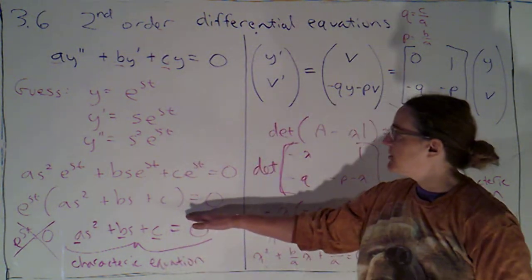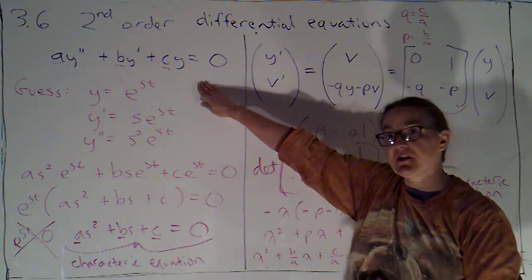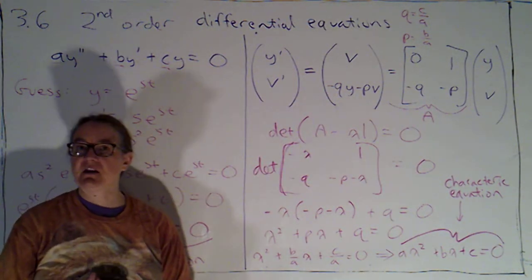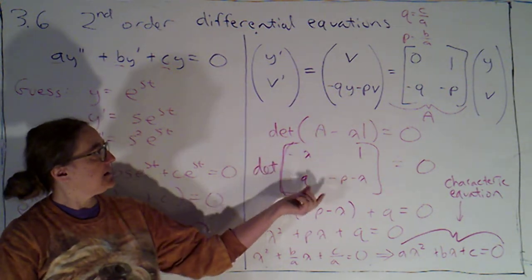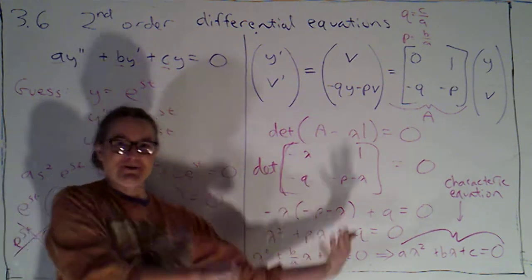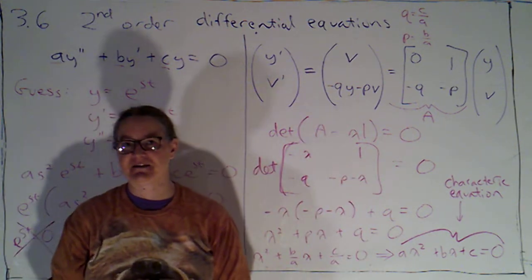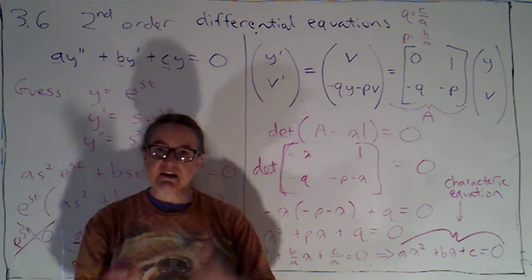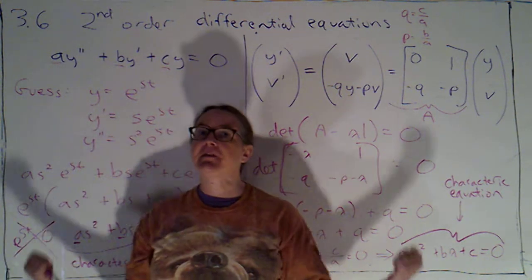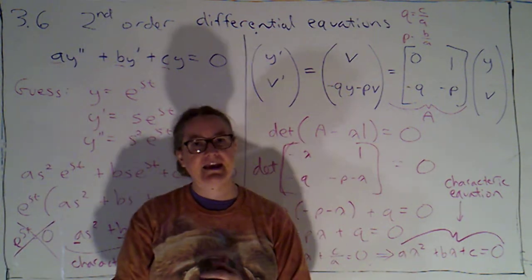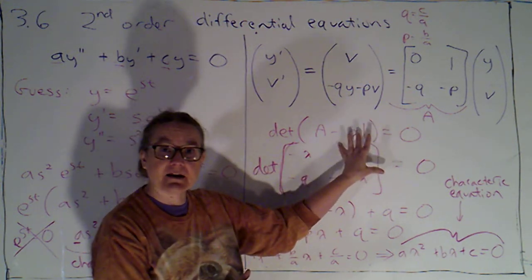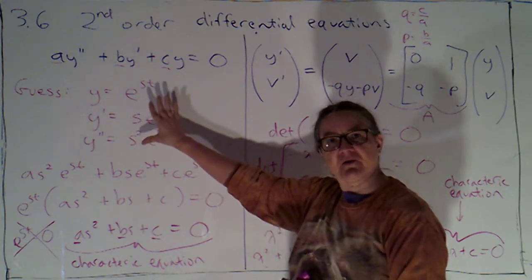So the characteristic equation that we'll use to find solutions to our second-order differential equation is the same characteristic equation that we will use to try to find the eigenvalues that will lead to the solutions that we have for this linear system. So what we're going to do in the next few videos is just take a look at the different possibilities for the number and type of roots that we can have for the characteristic equation, and then say, what does the general solution look like here, so that we can figure out what the general solution looks like here.